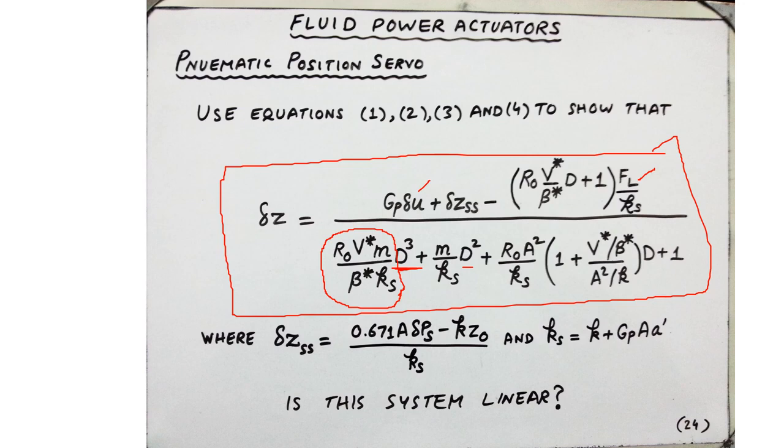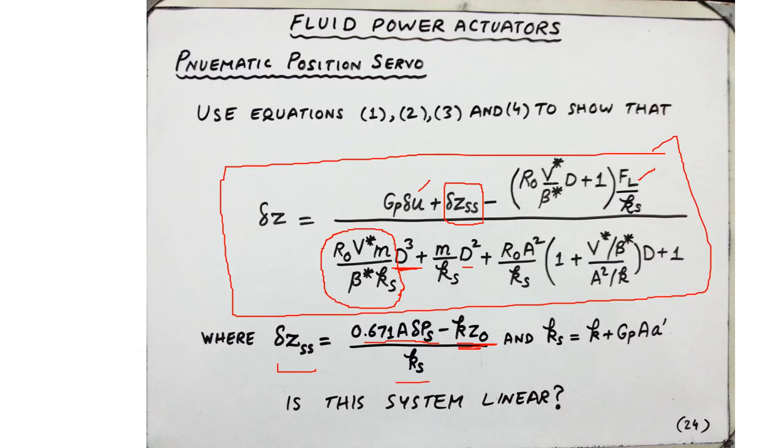That's because we have a constant term in the numerator that is not acceptable. So we need to eliminate this constant term, delta ZSS. It contains the input pressure supply area times 0.671 times kz naught over ks.